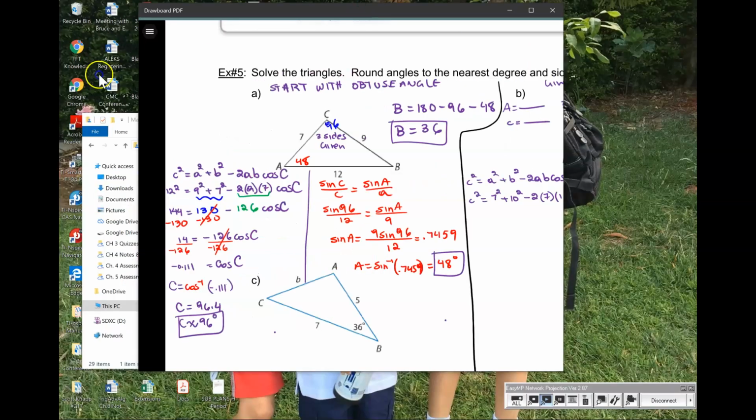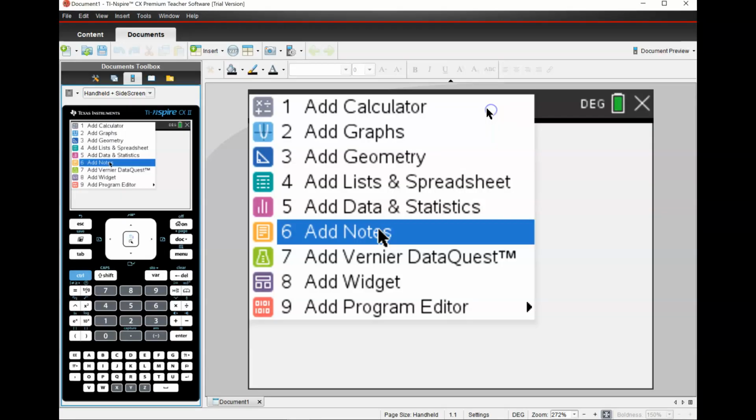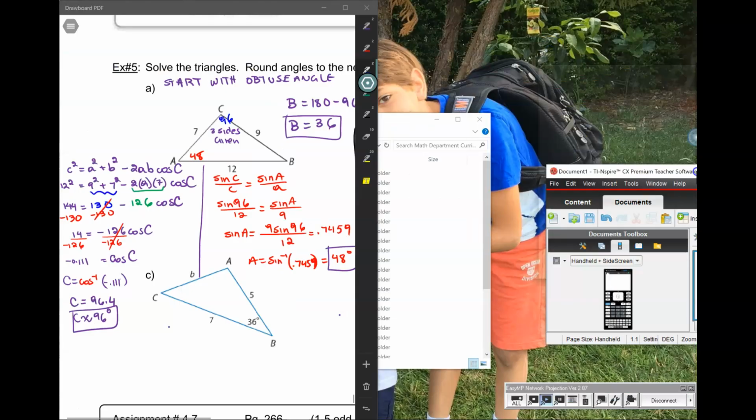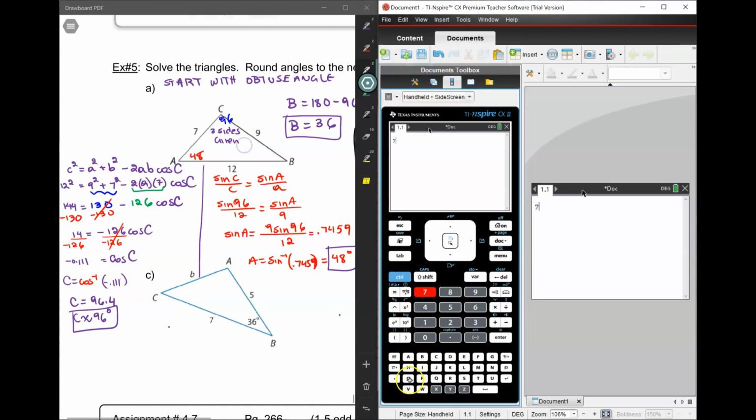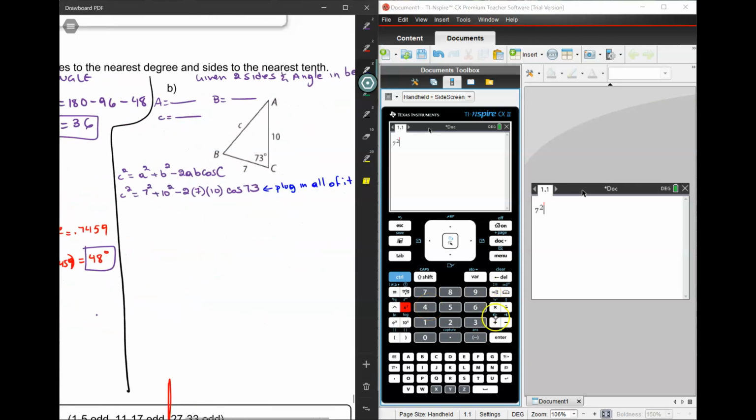All right, so to do that, I'm going to do seven squared. And, you know, if you want to do these mentally and plug them in, you can do that too. 7 squared plus 100 minus 2 times 7 times 10, so 14 times 10, that's 140, right? Cosine 73.